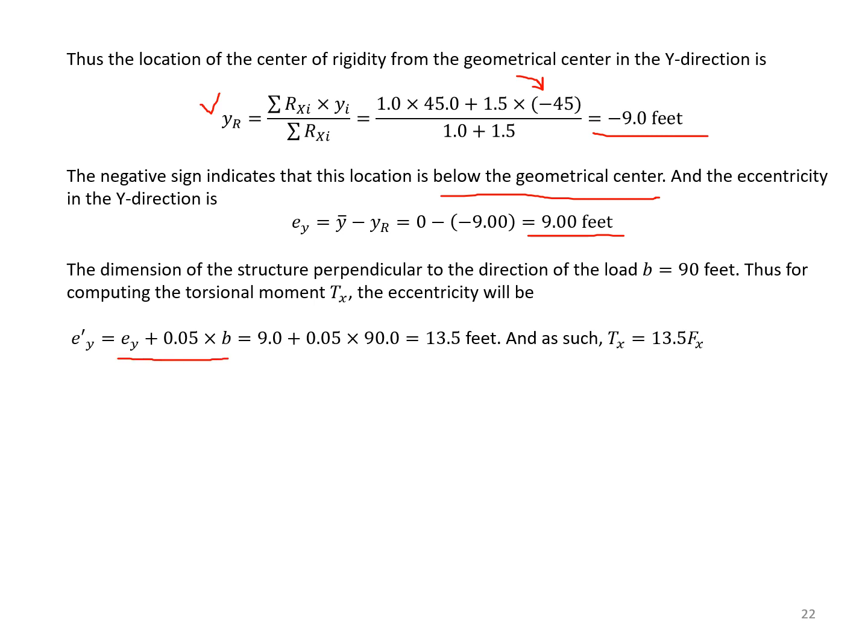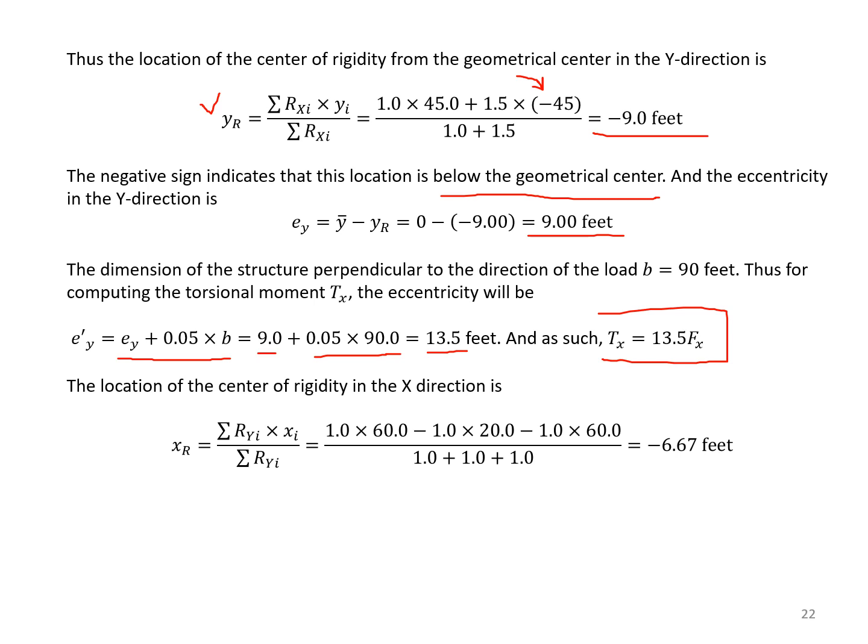Theoretical plus 5% of the dimension which is perpendicular to the direction of the force. So we have 9 already, plus 5% of 90, which is the dimension, we get 13.5 feet. Therefore, the torsional moment is Tx, which is 13.5 multiplied by Fx.